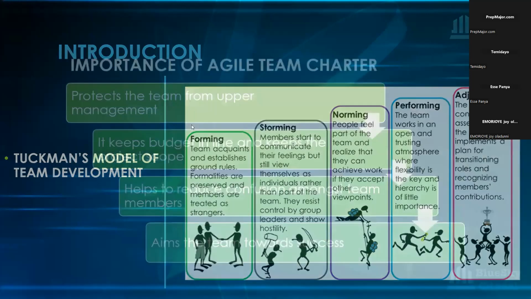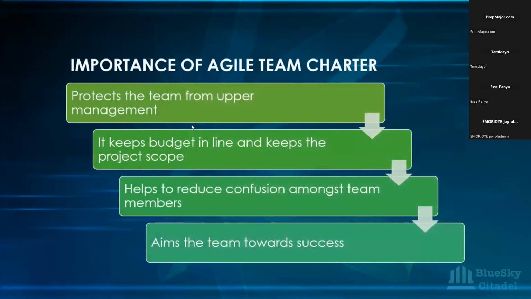So there's some importance of the Agile Team Charter before we go more deeply into it. One importance is that it protects the team from upper management. The Team Charter ensures that the vision of the project is not easily controlled by management, especially in an agile process.